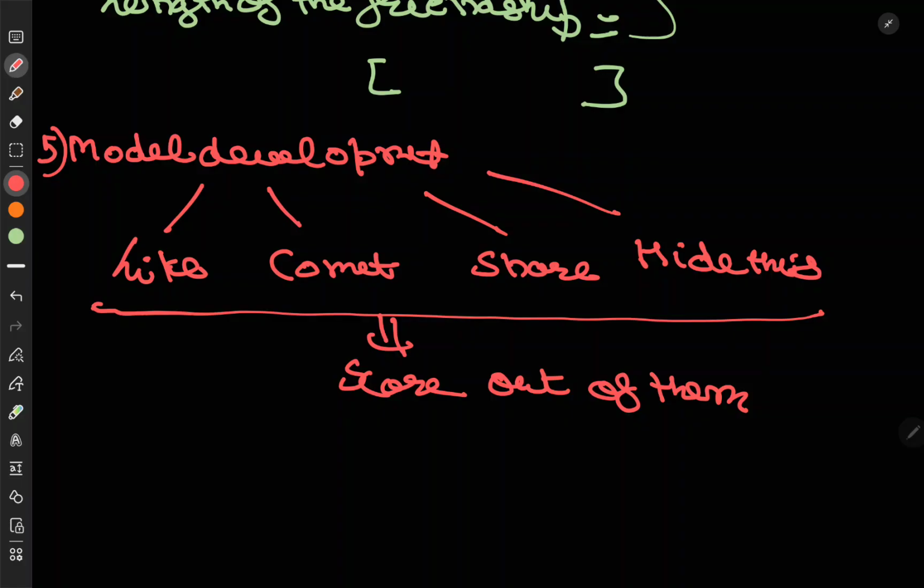So the post which is likely to be shared should be shown at the top, the post which is going to be liked should be shown a little below, and if the post is hidden, it should not be shown. Everything will have a different weightage associated with it. So what model should we use?